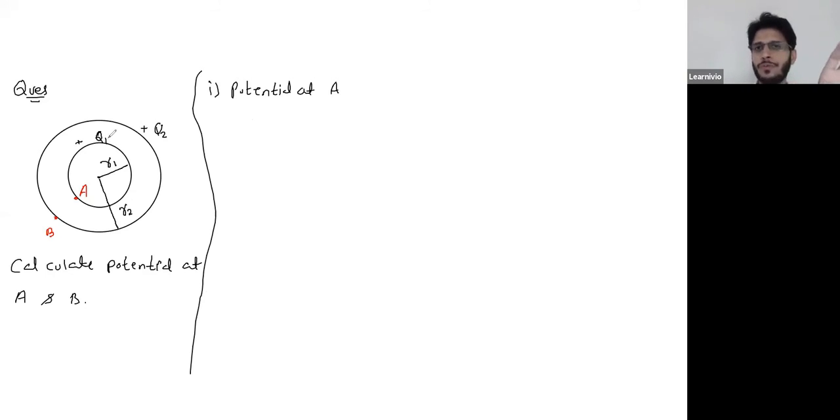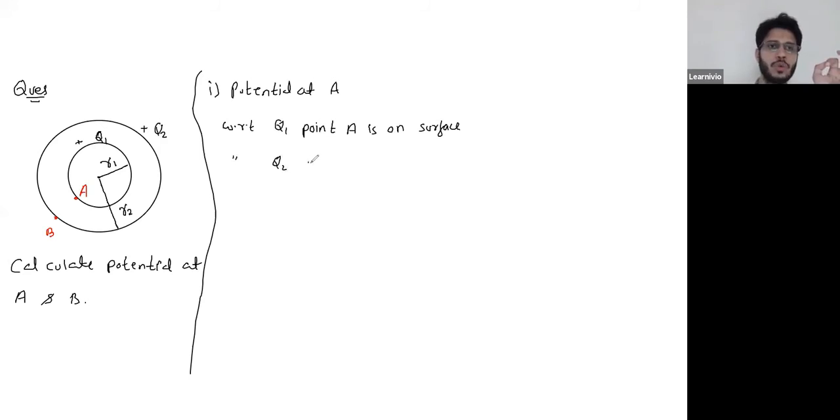Q1 is on the surface of the first sphere. With respect to Q1, point A is on the surface.